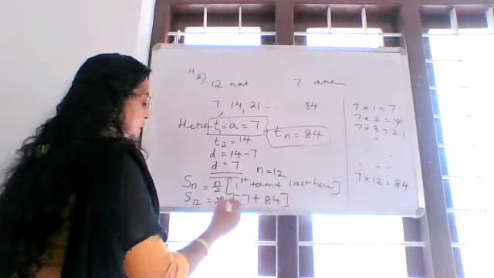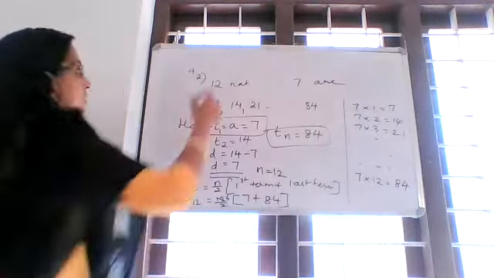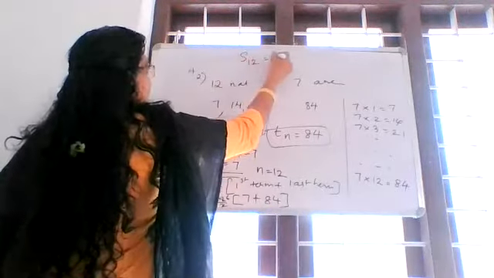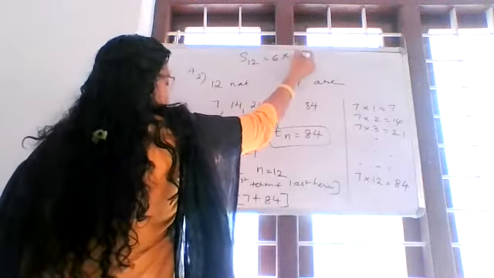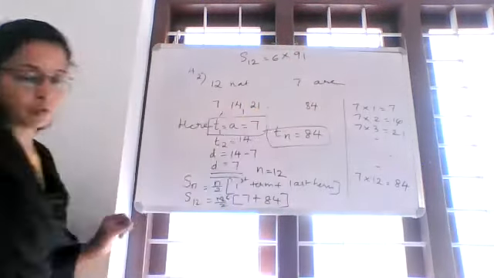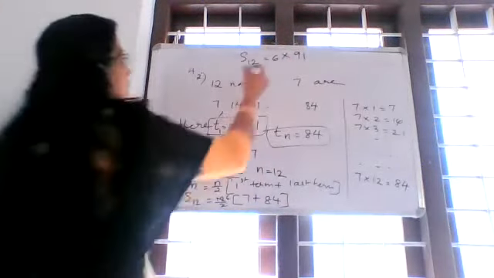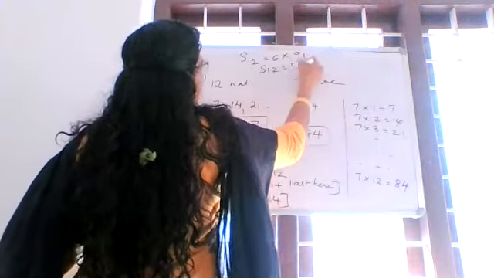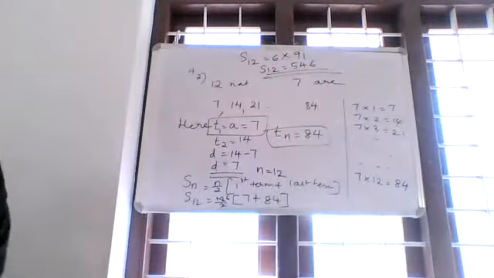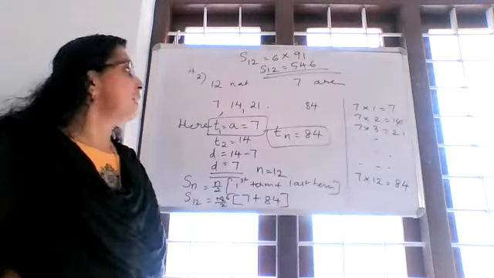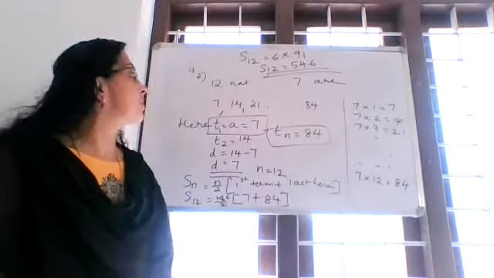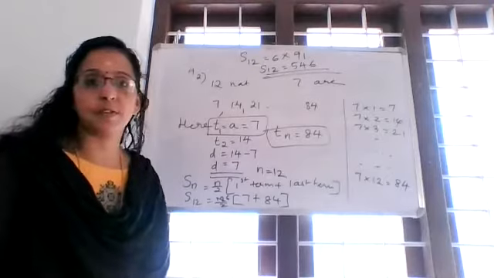So 2 and 12, 6 times, cancel. So S12 is 6 into 91. What is that? 546. S12 is equal to 546. So the sum of 12 numbers which are multiples of 7 is 546.